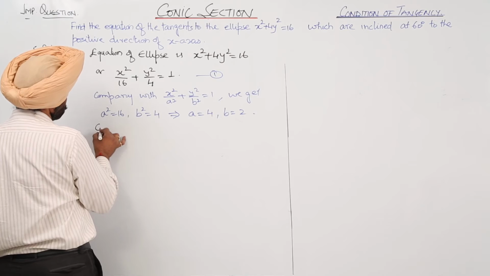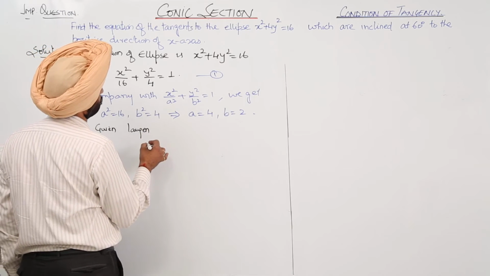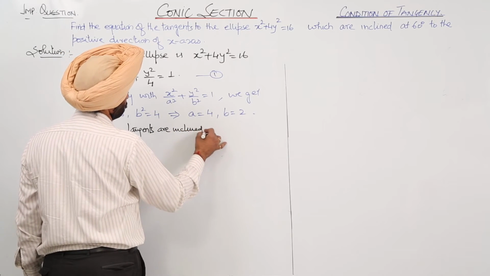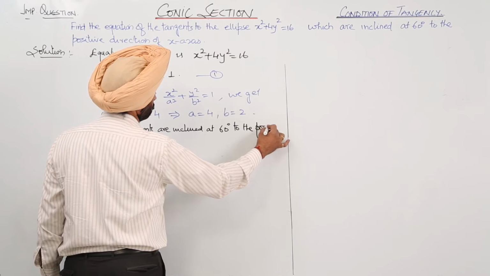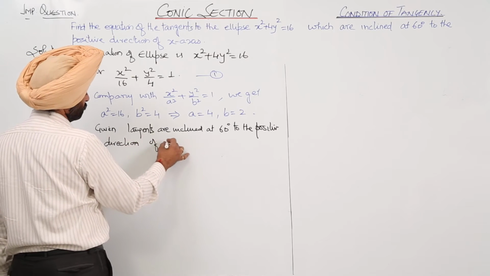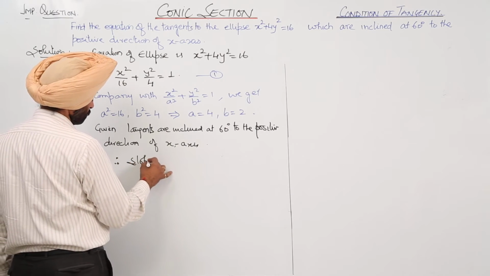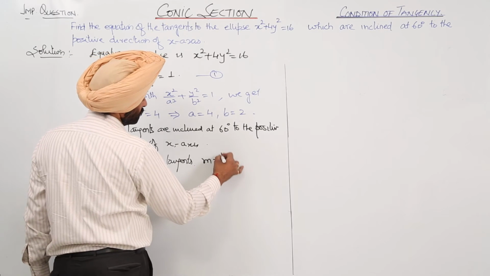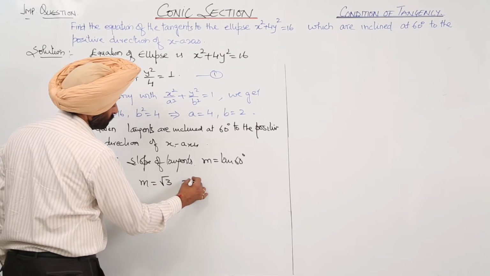Now positive direction of x axis. Therefore, slope of tangents m is equal to tan 60 degree or m is equal to root 3.